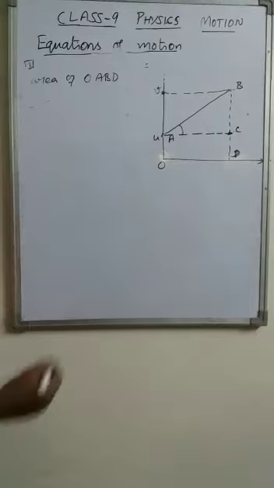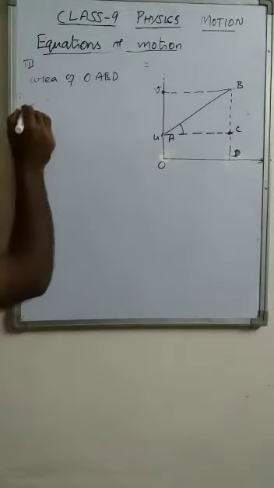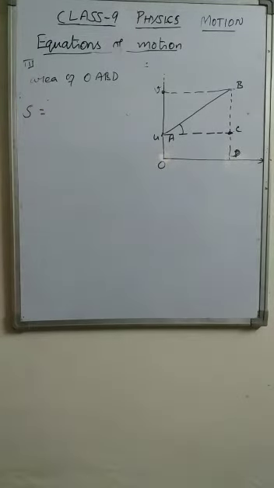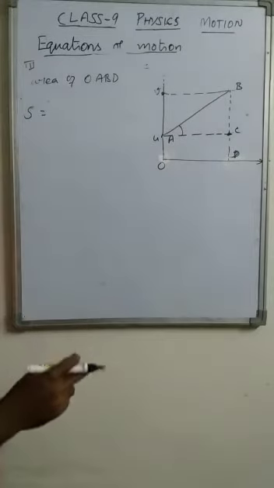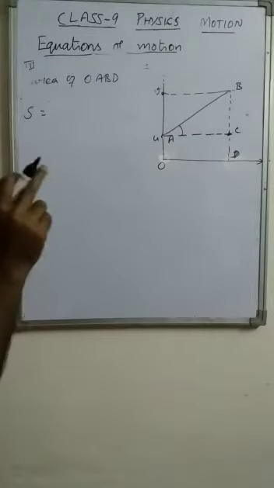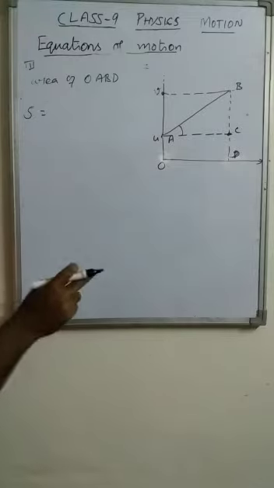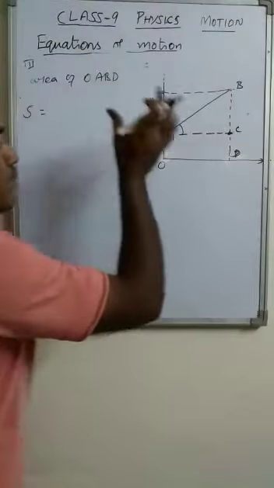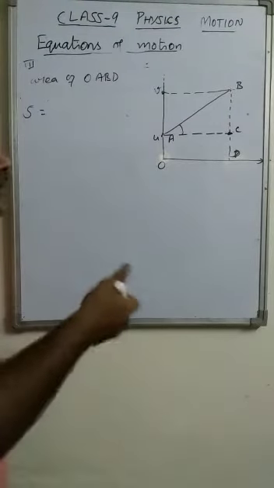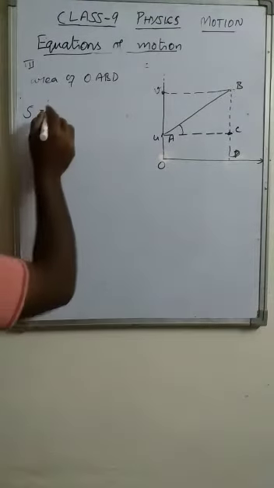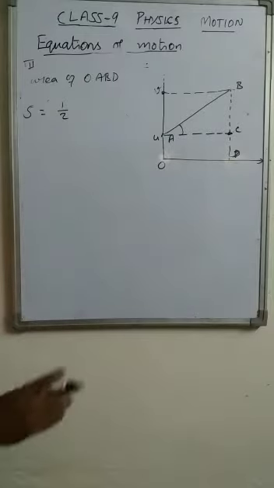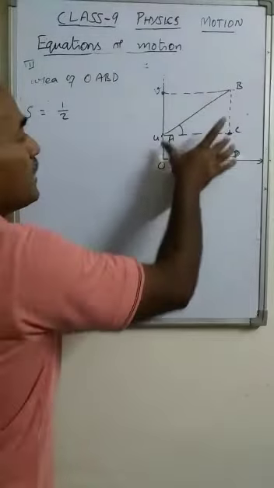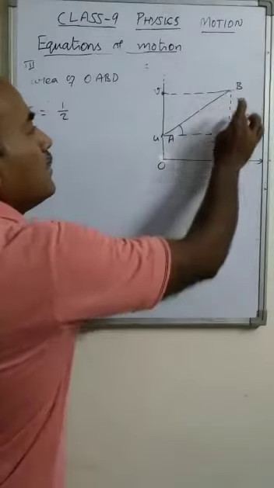The area of the VT graph gives the distance traveled. This is equal to the area of the whole trapezium. Area of a trapezium is half into the sum of parallel sides into the distance between the parallel sides, that in mathematics we call height. The parallel sides are these two, OA and DB.